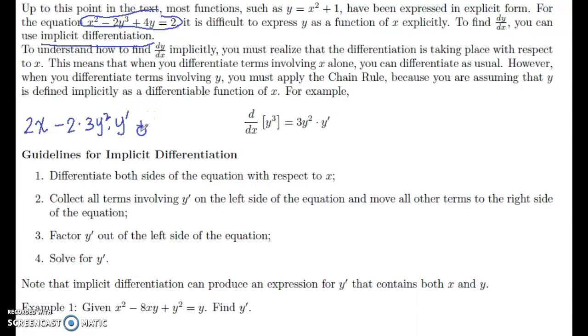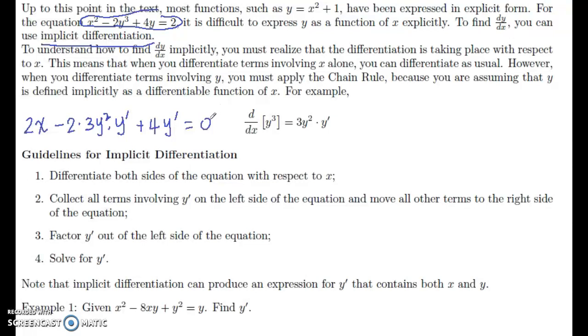And then the derivative for 4y will be 4, but then the derivative of y is just y prime, or 1 times y prime. Then it equals the derivative of 2, the constant, which is 0. So this is how we do implicit differentiation.